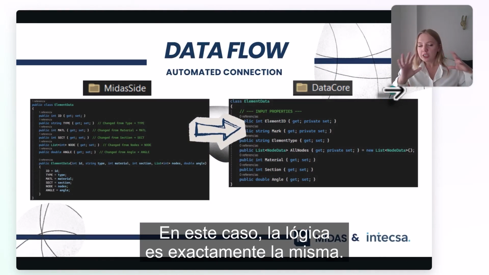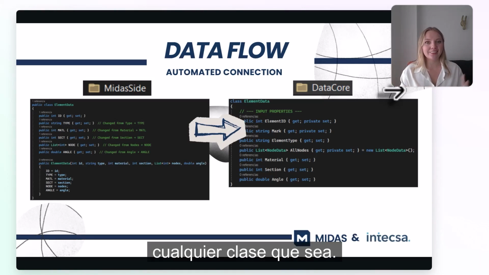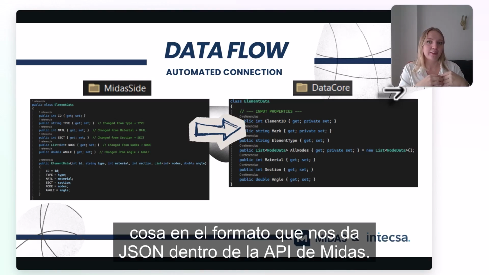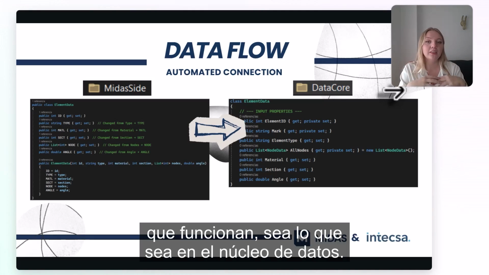In this case, the logic is absolutely the same. We get the MIDAS side element data information or whatever class it is. It could be group data, it could be tandem data, it could be whatever, in the format that JSON inside of MIDAS API gives us. And then we transfer it into more general and more useful element data, or again, whatever it can be in the data core.